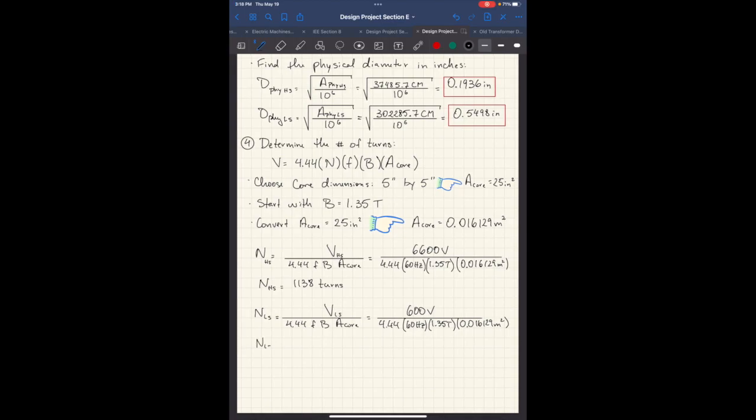So the number of turns on the low side is going to turn out to be something like 104 turns. I'll give you a moment to write.